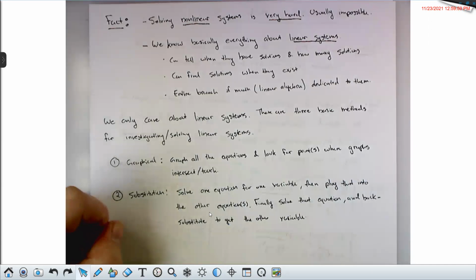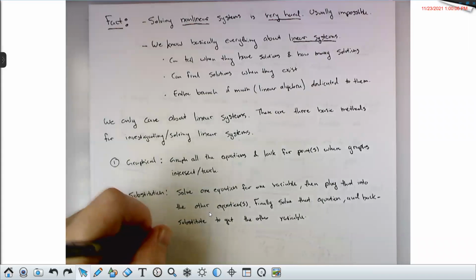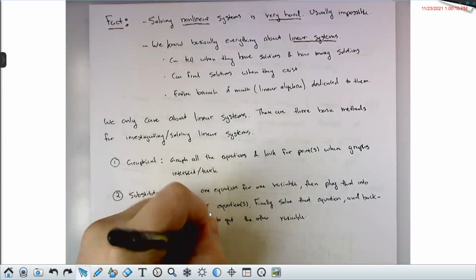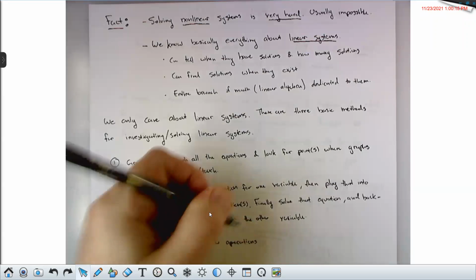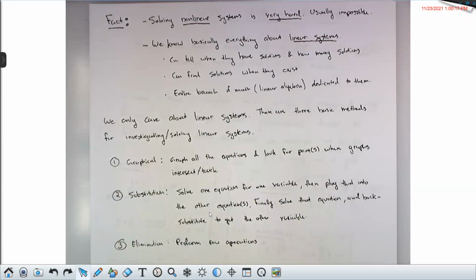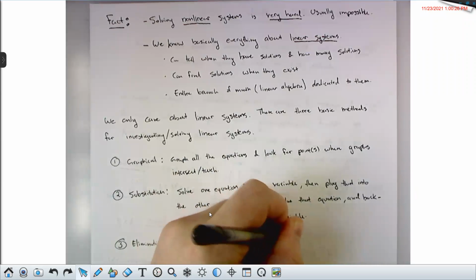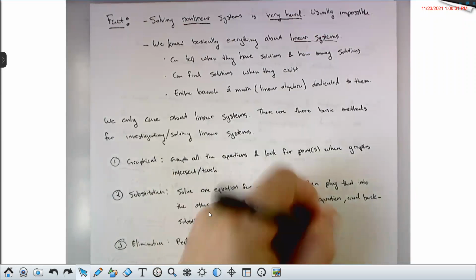This method that works really well for everything is called elimination. And elimination is where you perform what are called row operations. So you think of each equation in the system as a row, and you perform some operations on those rows to eliminate or get rid of one or more of the variables.